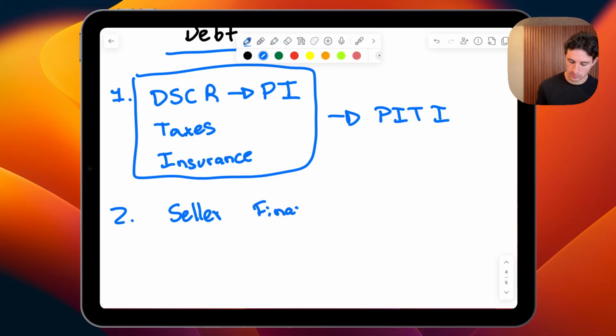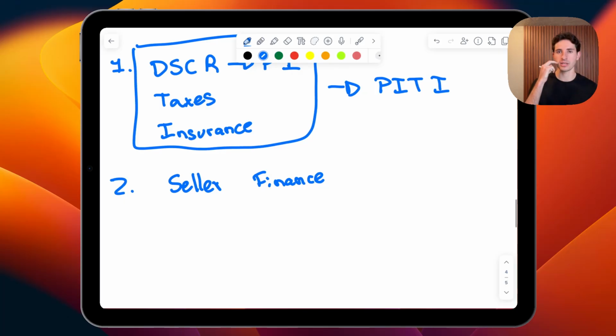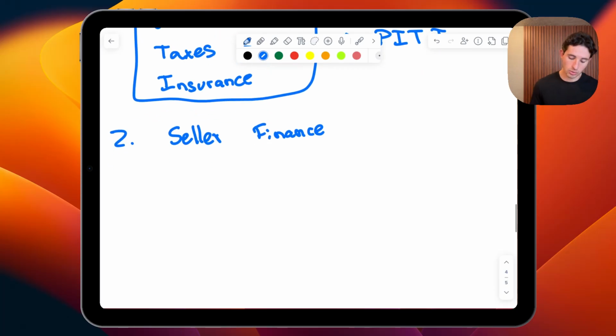Now, a lot of times, because of the sizable down payment that you're giving the seller, you can be pretty aggressive with the seller finance payment. A lot of times I'm seeing investors get no payments for a couple of years, 3, 4, 5 years, or very low monthly payments, and they are principal only payments, another way to say zero interest rate. So the seller finance payment is gonna depend on how good you are negotiating.